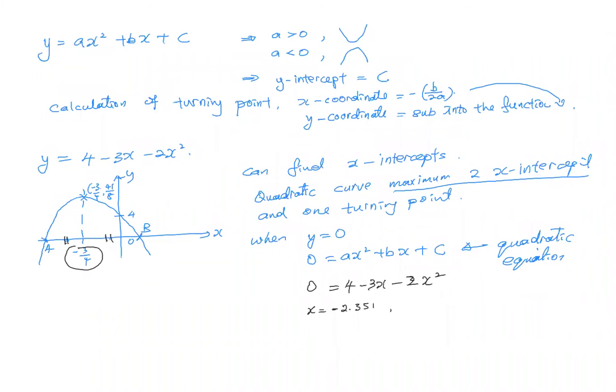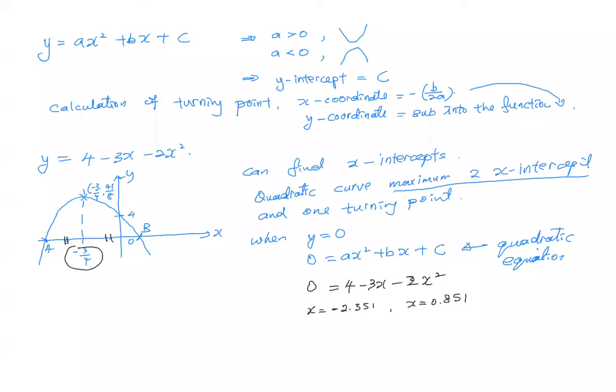And the other one? Negative 0.851. Okay. So you add them up and divide by 2, you get negative 0.75, around that.